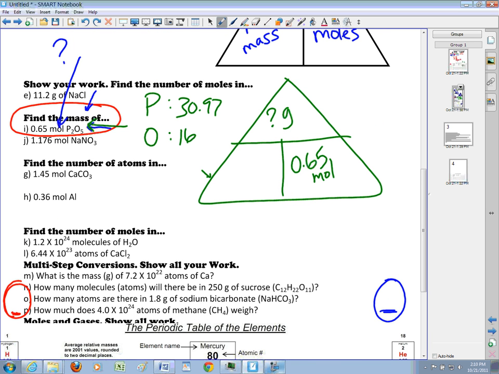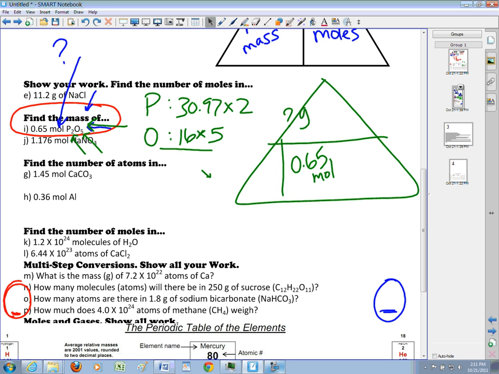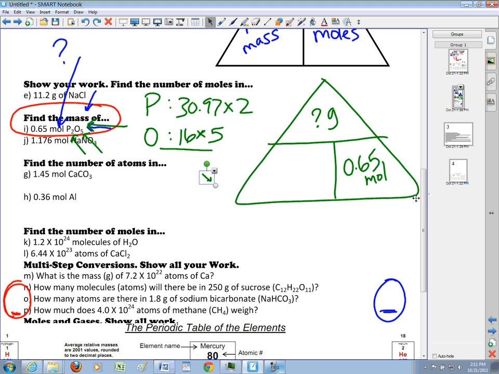Oxygen is 16. Now I'm going to have to multiply that by 2 because I can see that there are actually 2 phosphorus. And oxygen I have to multiply by 5 because there are 5 of them in the compound. So I'm going to need a calculator to do that. And let's just move this stuff over to the side here, just so that we get rid of that little arrow. Just so we have some room to draw here and calculate.